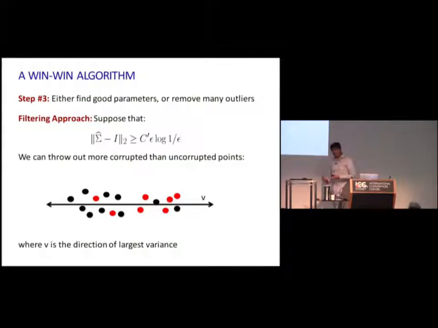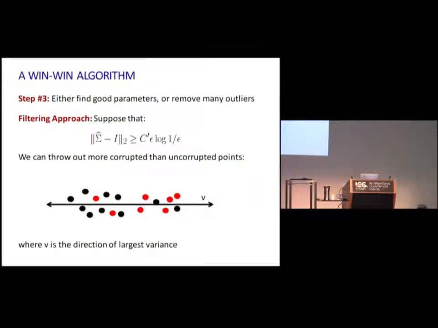So the idea is that the only way that we could have sigma hat being off from the identity is if, in this direction of largest empirical variance, the main contributing factor to the variance are actually the corrupted points. Because we know that the uncorrupted points should have variance 1 if there was nothing else added. So if we encounter the scenario where our second moment is off from what it should be, all we do is we use the largest singular vector of the covariance, and that's the direction we explore the data in.